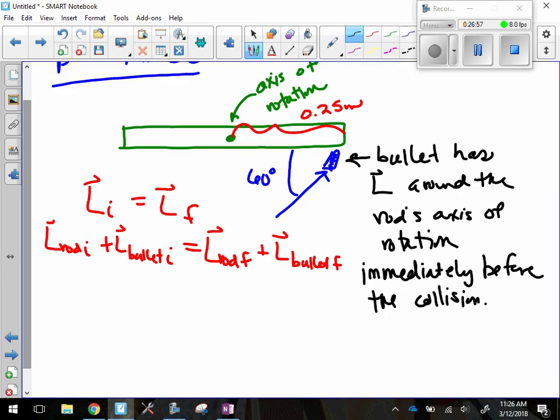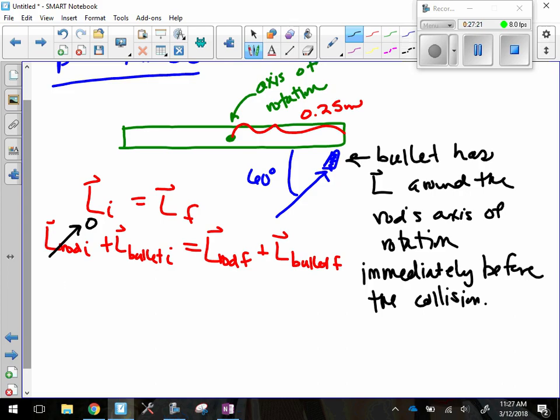What will they have the same? Not inertia. They'll have the same angular speed after the collision, and we can combine that after we write this out. But what about the rod's initial angular momentum? It's 0. So that's going to go away.